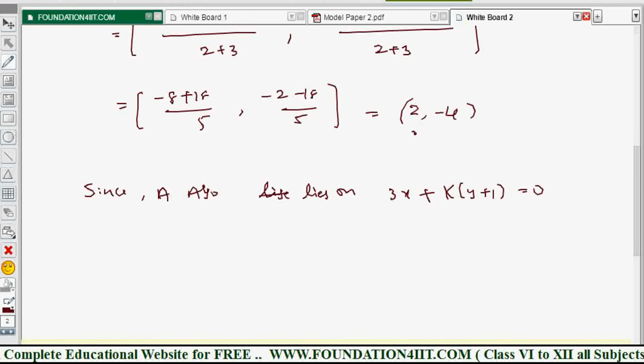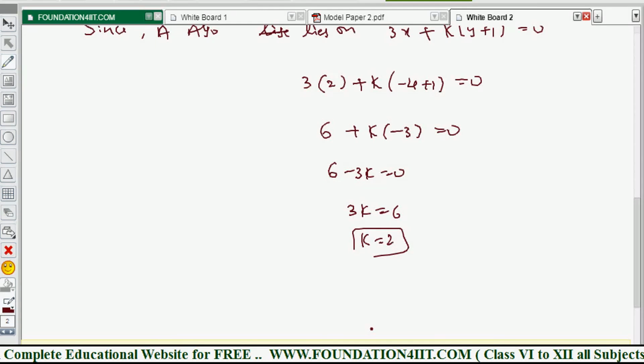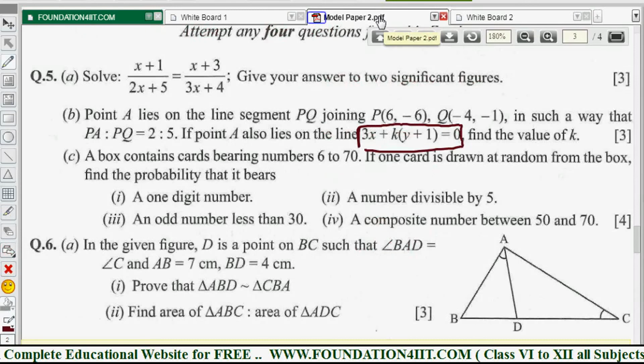Then 3 into 2 plus k into (minus 4 plus 1) is equal to 0. By simplifying, 3 2s are 6 plus k into minus 3 is equal to 0. 6 minus 3k is equal to 0, then 3k is equal to 6, so k is equal to 2. That's the value of k. Fine, so we can solve this problem.